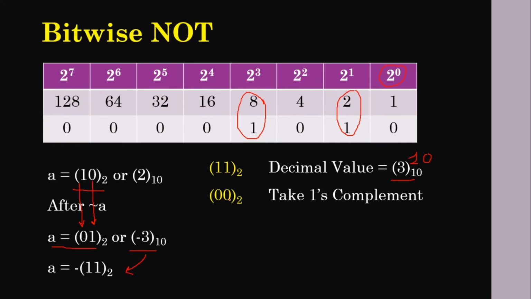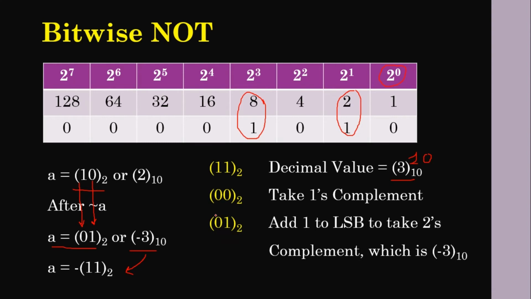So this is the 1's complement of this number. Now to take the 2's complement, you have to add 1 to the LSB. That means for an 8-bit number or any bit number, you always add 1 to the LSB, and therefore this number is now 01, which is minus 3. So this is how the NOT operation works in Python.